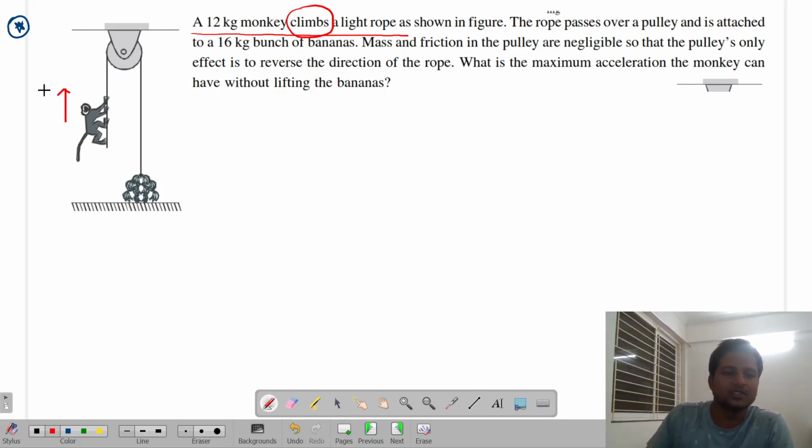So let us consider that it has acceleration A. Then the question arises, what can be the maximum value of A?